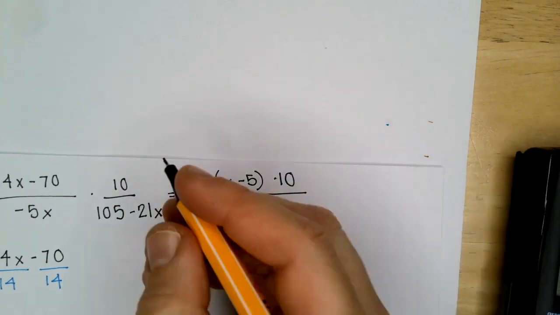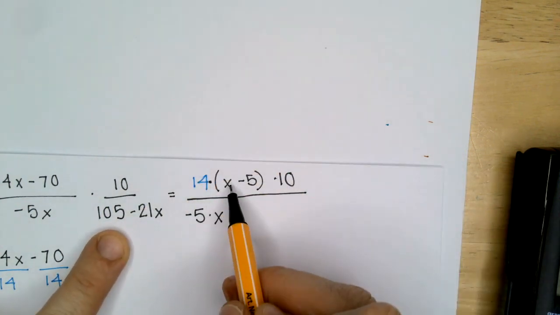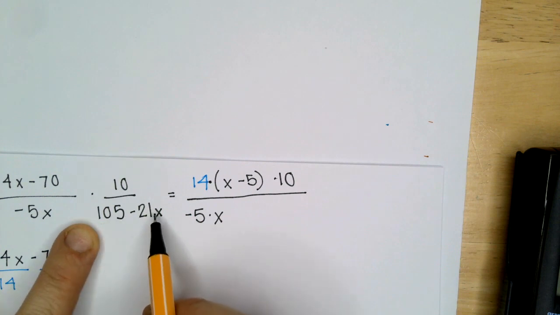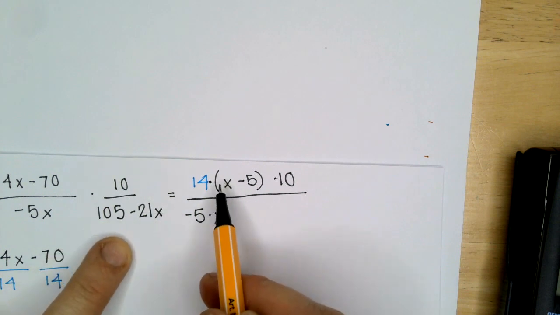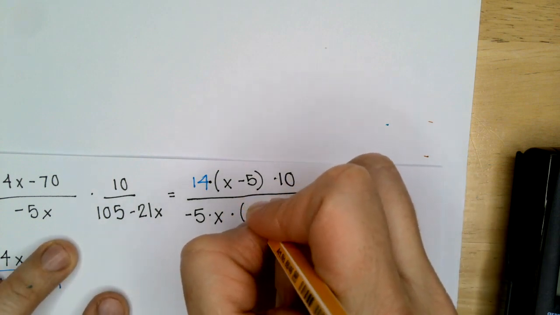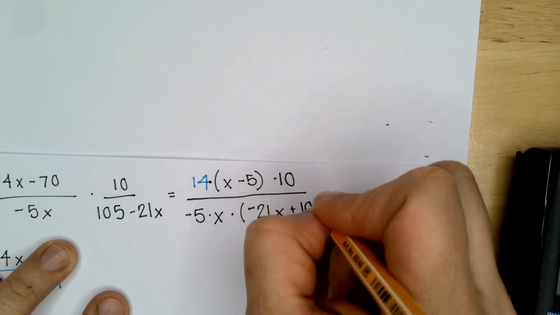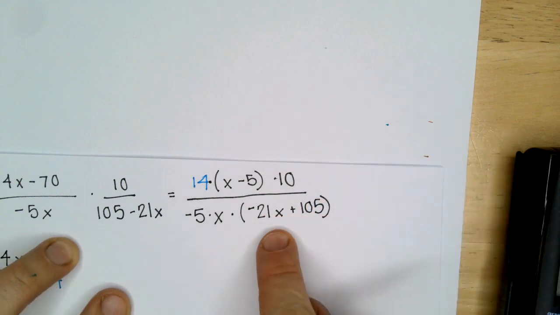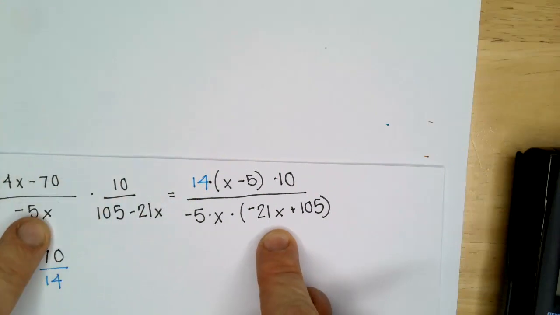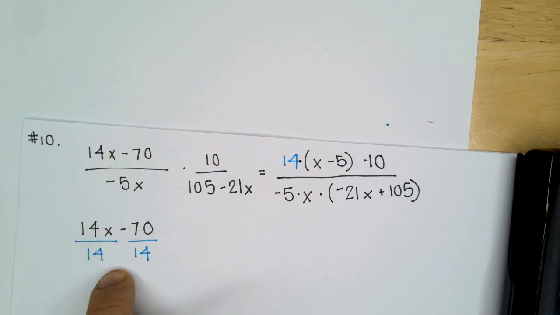Sorry. And I'm going to change the order, right? Because over here I have x minus 5. Here I have 105 minus 21x. I want the x in front. I like x's in front. So I'm going to say times negative 21x plus 105. I want this to look like this. I got this because I divided 14x minus 70 by 14.